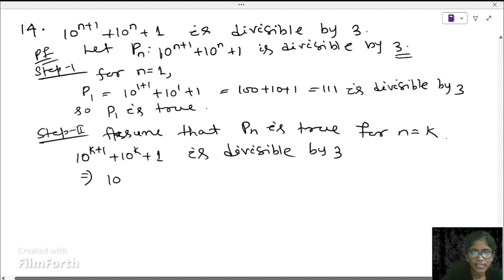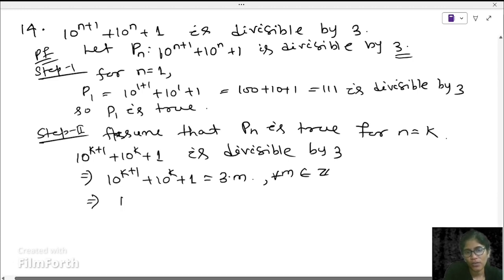Since it is divisible by 3, that means a multiple of 3, we can take 3 into m, where m belongs to Z. From here, we can find 10 to the power k plus 1 equal to 3m minus 10 to the power k minus 1.